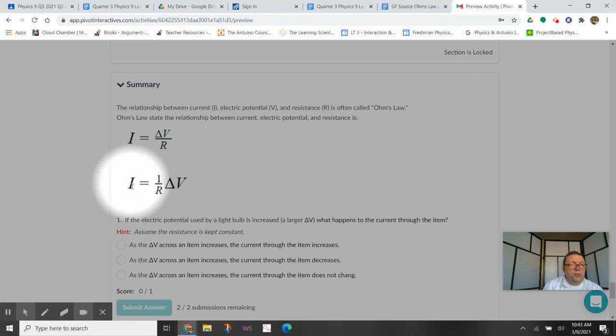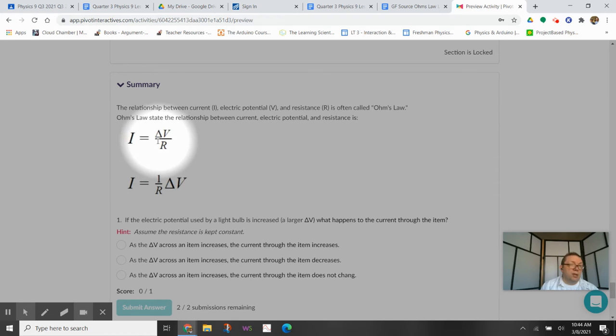The y-axis was current, the x-axis was potential difference or voltage across the light bulb. So this equation of I, or current, is 1 over the resistance times the potential difference. This equation can be written like this, or it can be written like this: current is the potential difference divided by resistance.